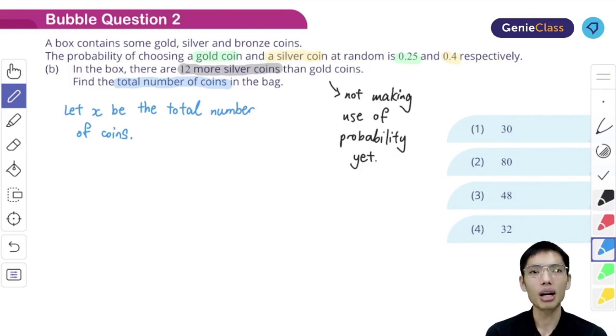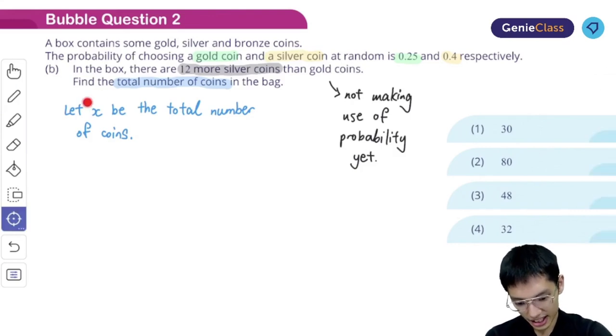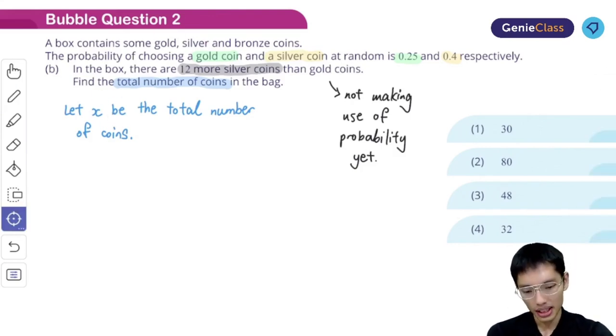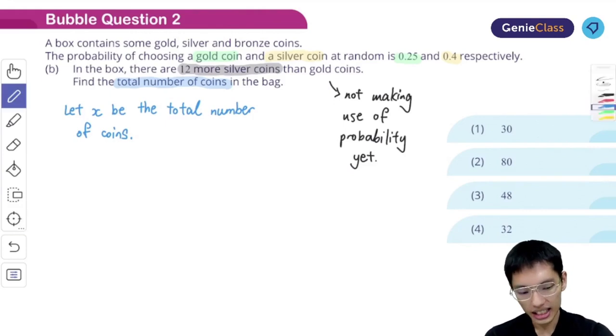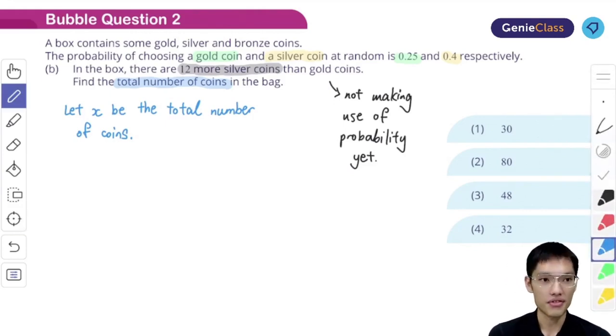So how do I translate this? Okay, so I know the total number of coins is X. So that means gold, silver, and bronze is X. So if there are 12 more silver coins than gold coins, I know the total. Can I then say, very nice, that's good. I think you got it down, Chen Chen, that's good.